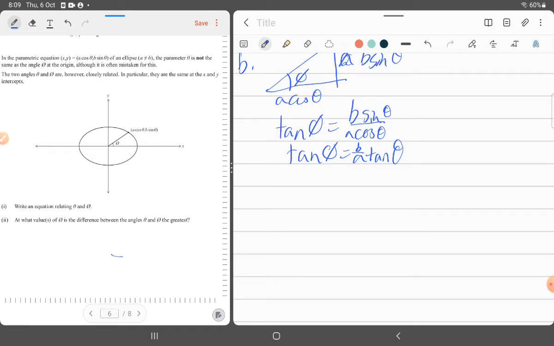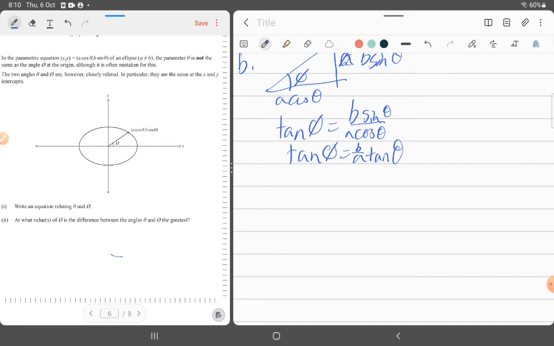Wait, I think theta is always greater than phi. Is it? Yeah, theta should usually be greater than phi, I think. Let's see. Yeah, I think so.